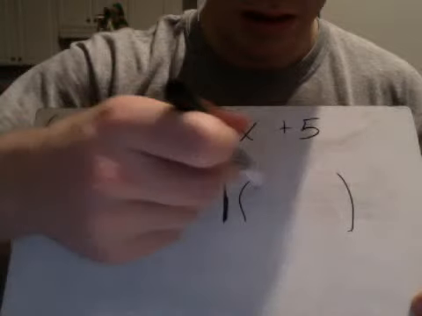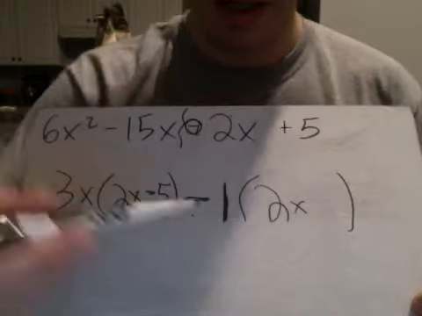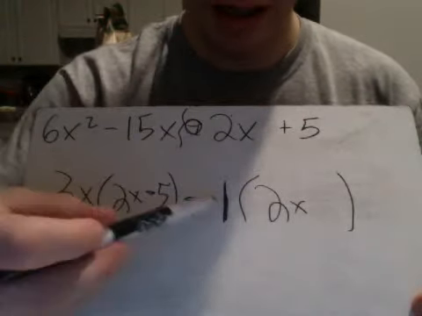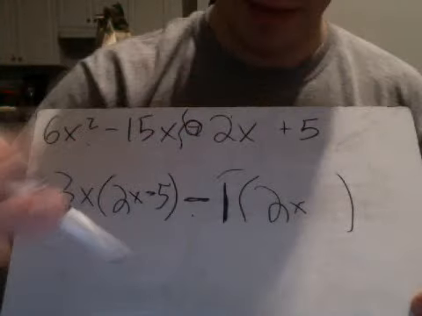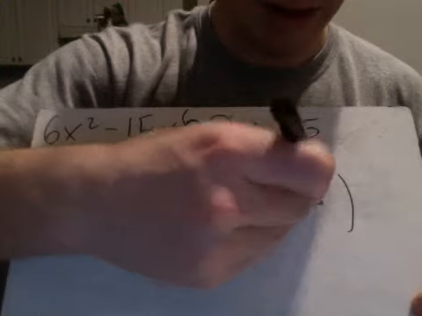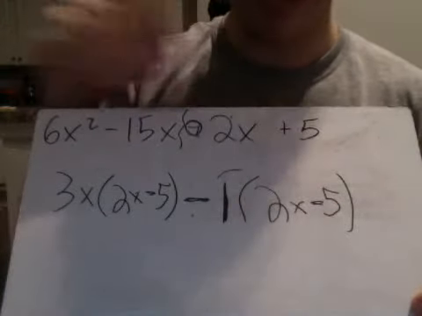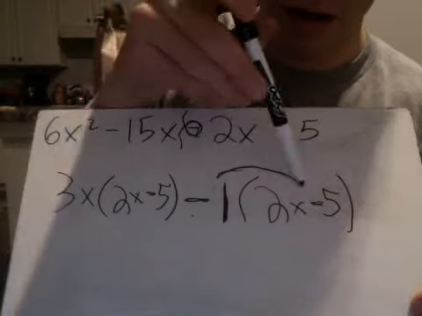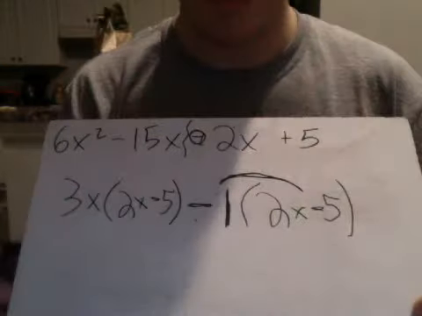So this should be 2x, because if I did the distributive property into my original answer, I'd get negative 2x. And then this one is also going to be a minus 5, because I want it to match these two parentheses. And if I did the distributive property here, negative 1 times negative 5 would get me back up to positive 5, which is what I want.